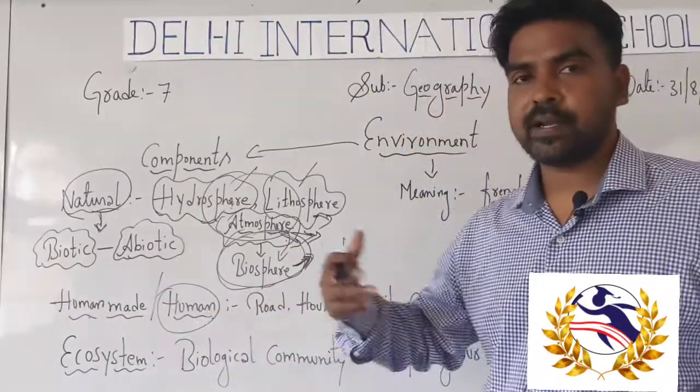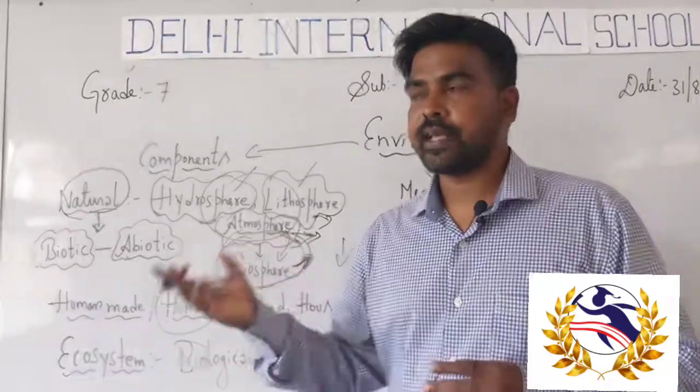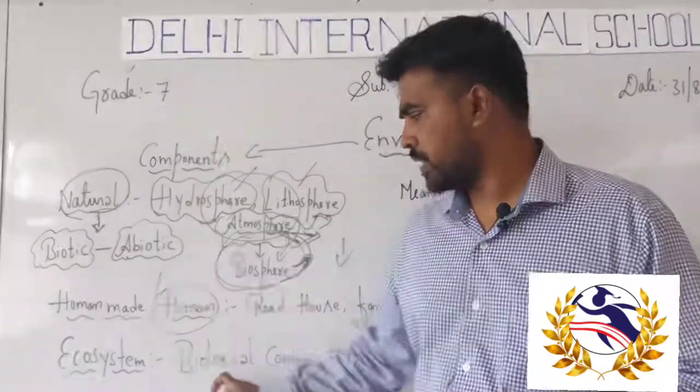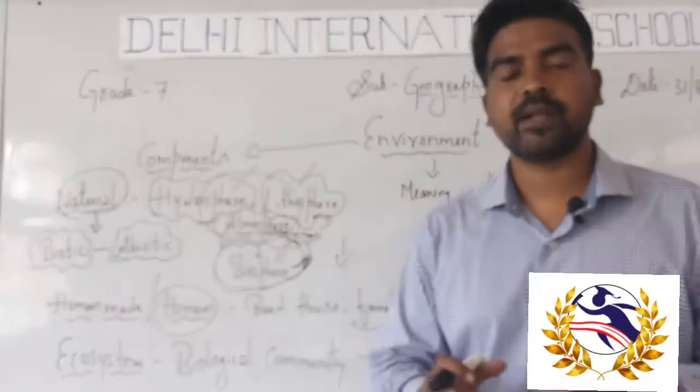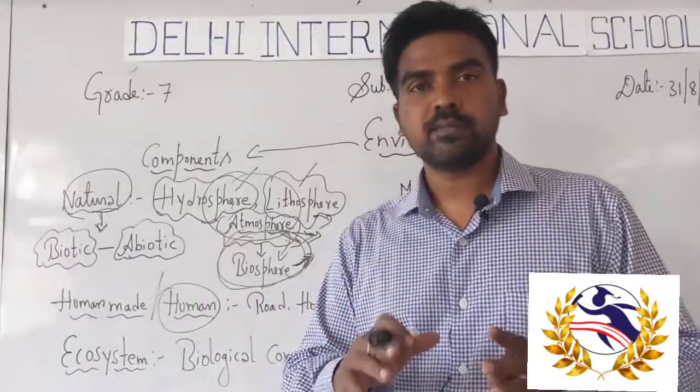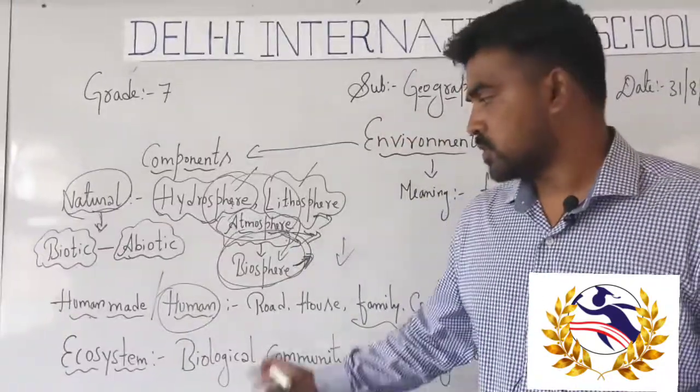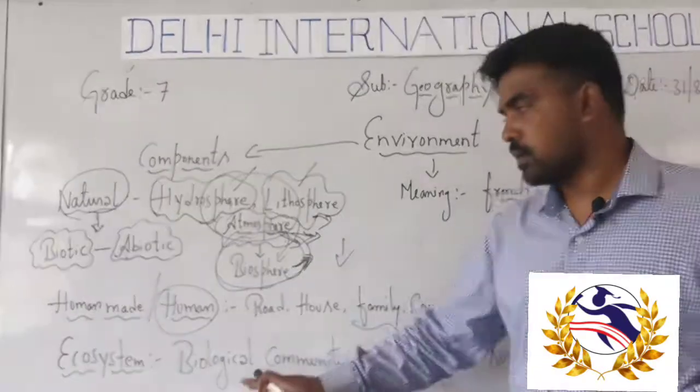So we are interdependent on nature. Almost all living organisms, biological communities, are interdependent with nature. So this is about the ecosystem.